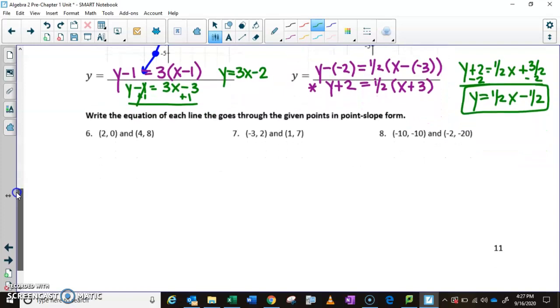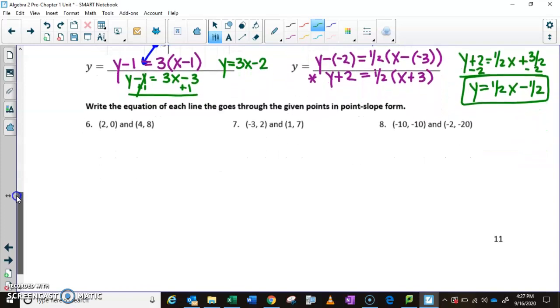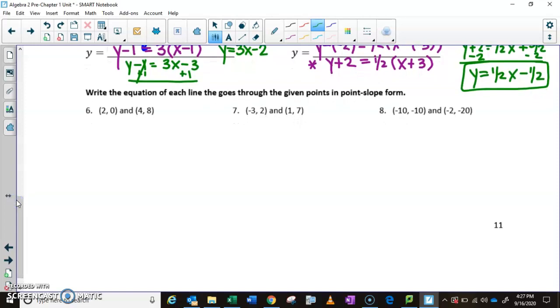And at the bottom, writing the equation of the line that goes through the given points in point-slope form. So when we're writing in point-slope form, if I have 2 points, go back and do what you know. Find the slope between 2 points, so a review concept. So again, x1, y1, x2, y2.